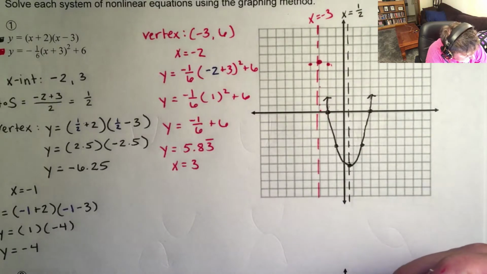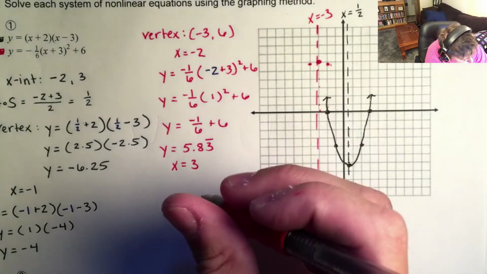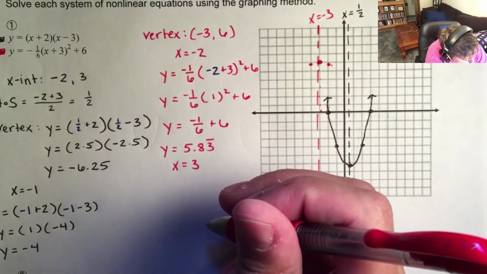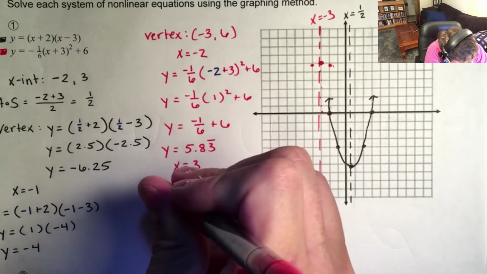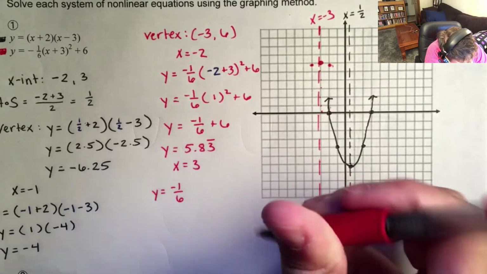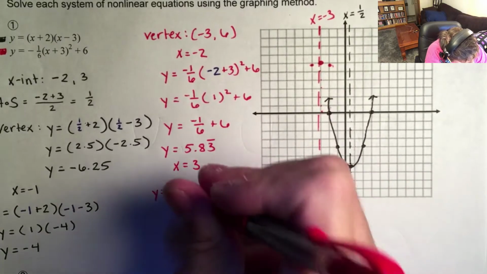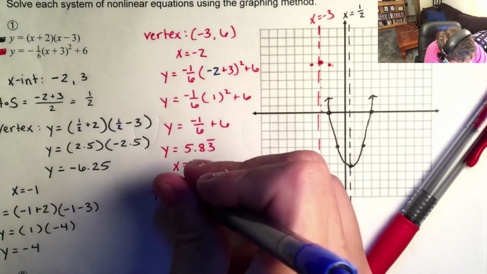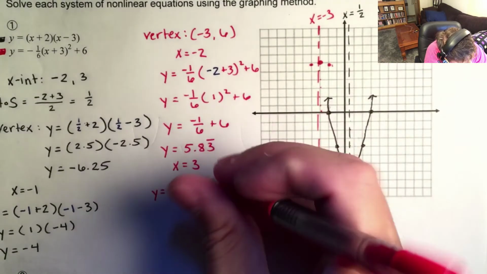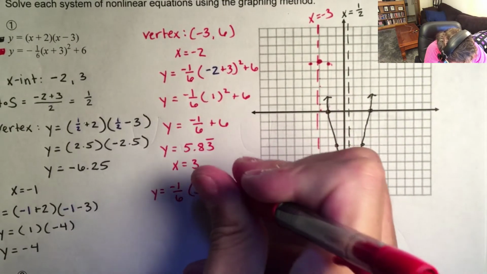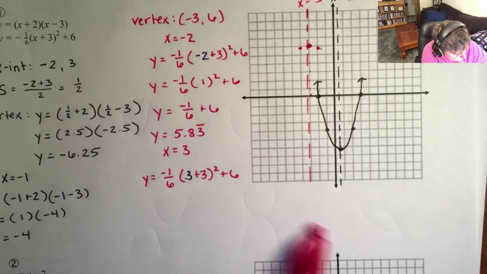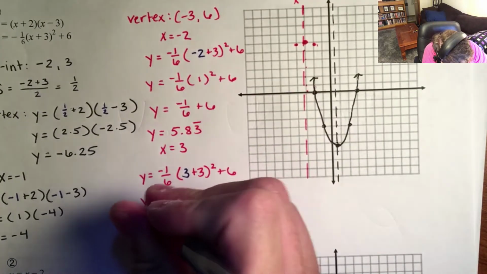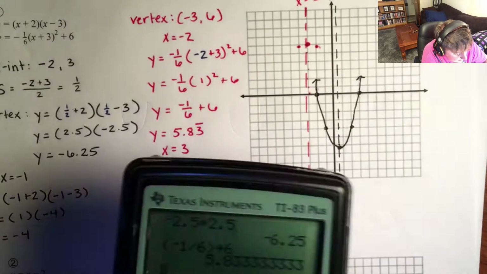Okay, so when x is positive 3, we get y is equal to negative 1/6, and then x is 3 here. Okay, so then 3 plus 3, well, let's just throw this in the calculator so I don't have to use so much work on here.